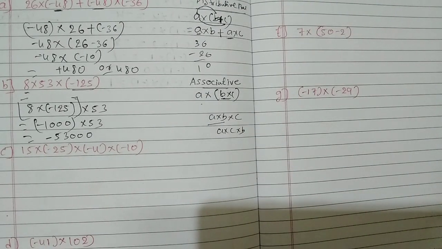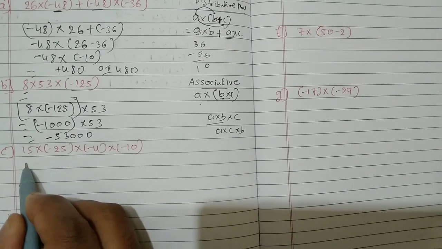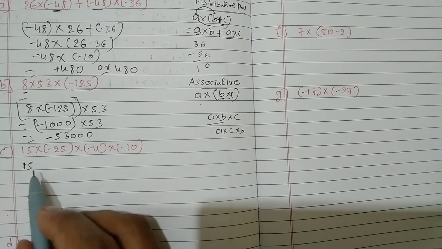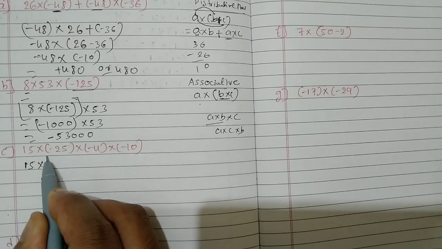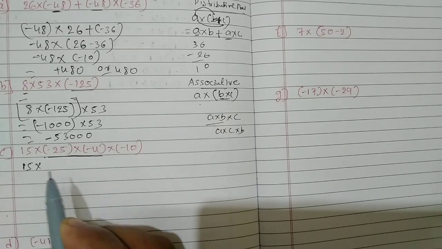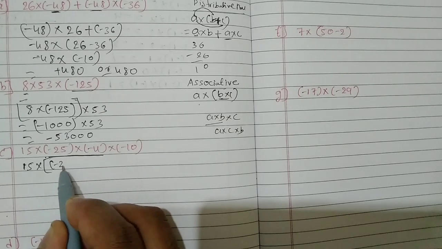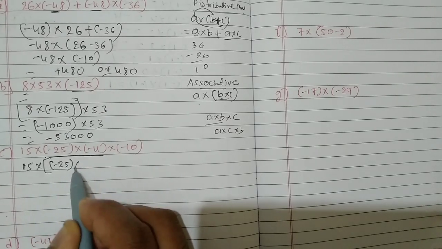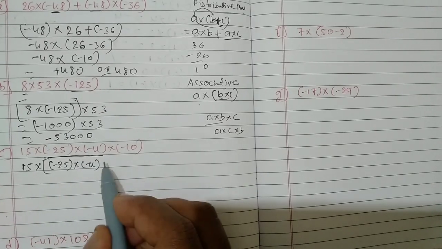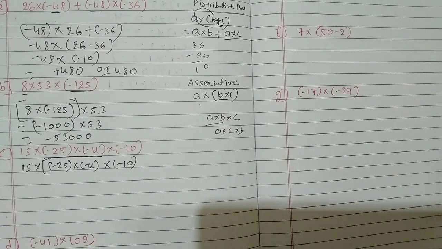Make two groups of integers, then multiply those numbers. So I can take 15, and make a group of these two multiplications first, minus 25 into minus 4. Then I will keep this minus 10 in brackets as it is.